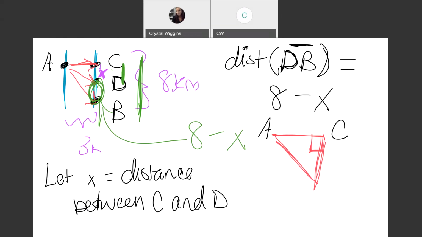So we know that between A and C, that's a given amount. That's 3 kilometers because that's the width of the river. And we know that this distance between C and D is X. We don't know how far it is.